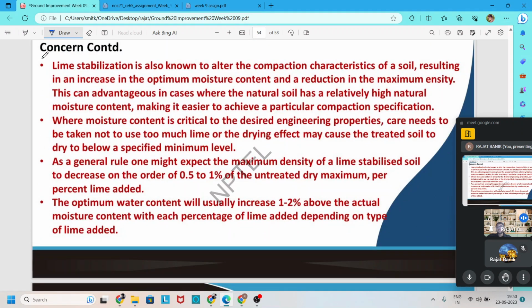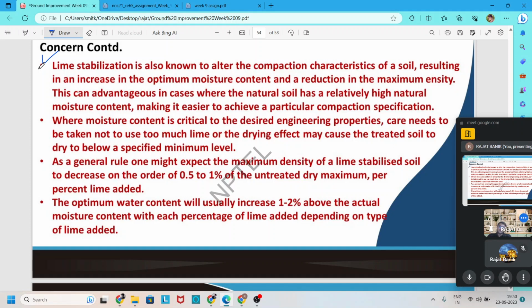Now, a further concern is that lime stabilization is also known to alter the compaction characteristics of the soil, resulting in an increase in the optimum moisture content and a reduction of the maximum density. This can be advantageous where the natural soil has a relatively high natural moisture content, making it easier to achieve a particular compaction specification.